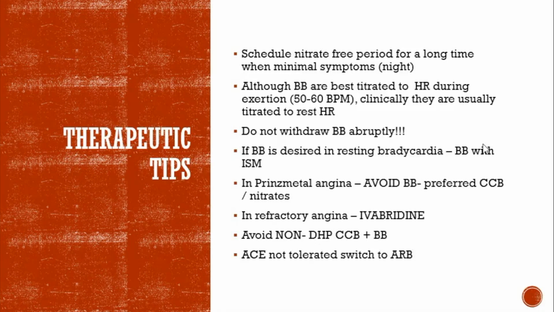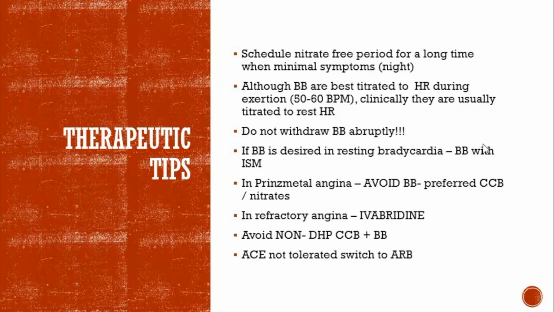But when it comes to contractility, beta blockers are more potent, so they have a negative inotropic effect. Calcium channel blockers mainly affect heart rate but have less effect on contractility. That is the reason we can use calcium channel blockers and nitrates in Prinzmetal angina.